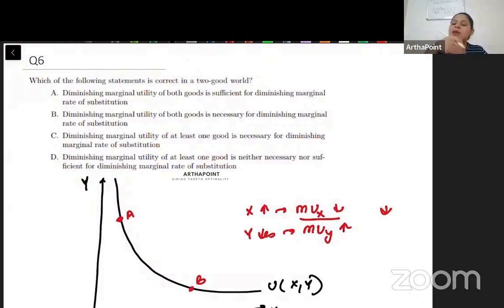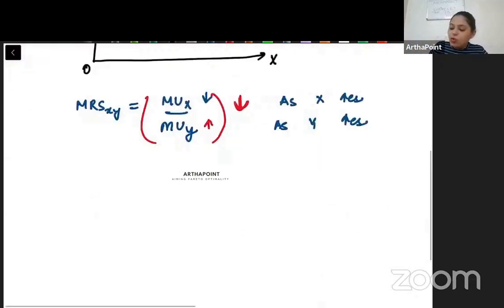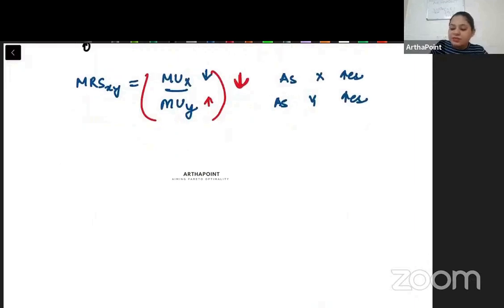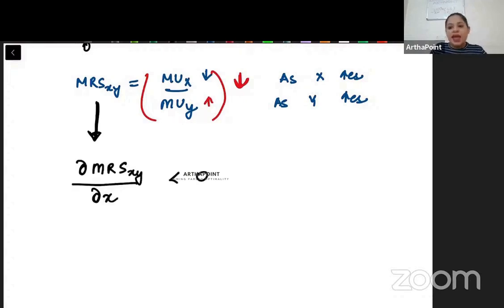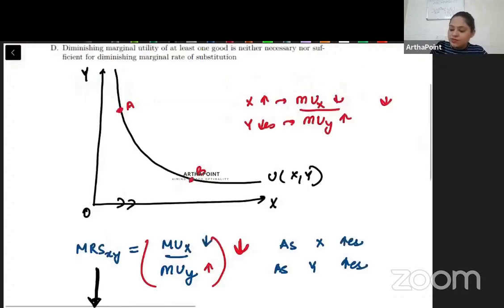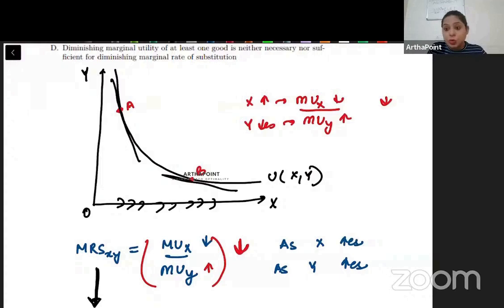We are going towards MRS being diminishing. But there is another thing I need to check, right? If I want to have a diminishing MRS, I need to ensure that when I differentiate my MRS with respect to X, this should be negative. As X increases, my MRS, my slope, should diminish. I should be going from steeper to flatter. This is what I should be doing.